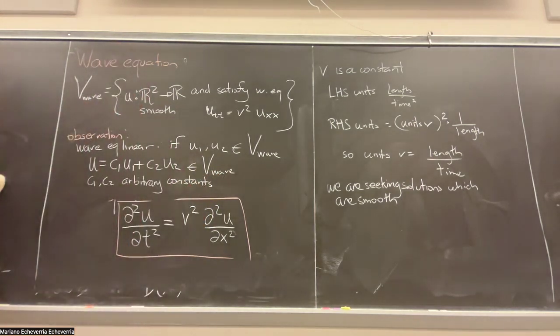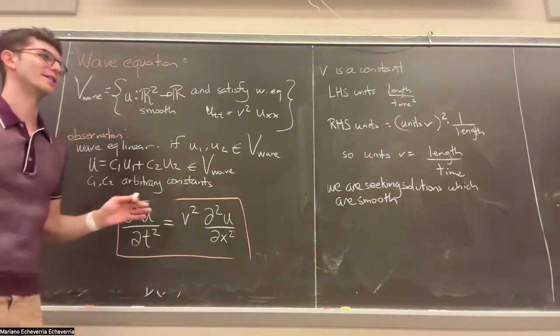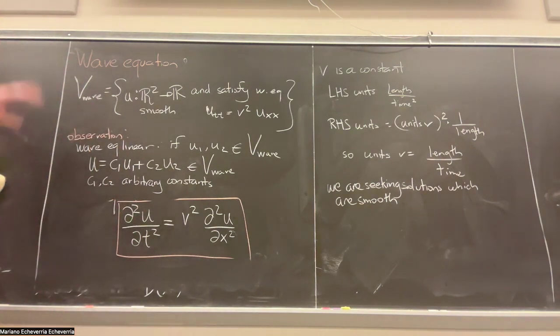Is that making sense? One more point: this set is not the empty set. Why? Because the zero function belongs here. Physically, that corresponds to the string along the x-axis where you do nothing to it, you just leave it alone and don't perturb the wire or the string.